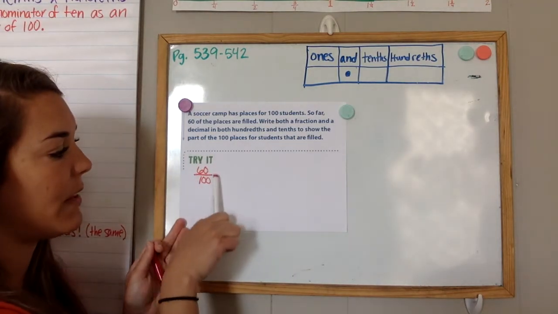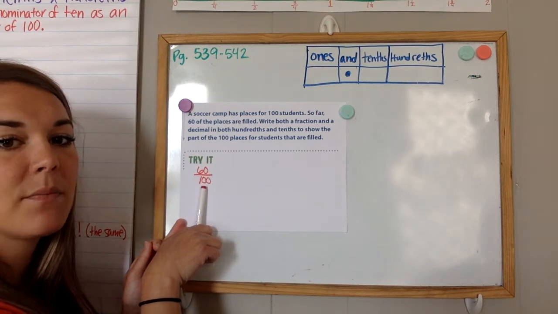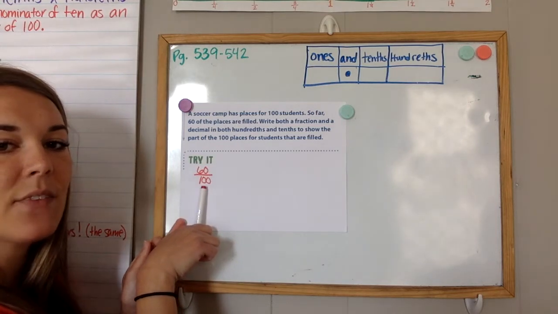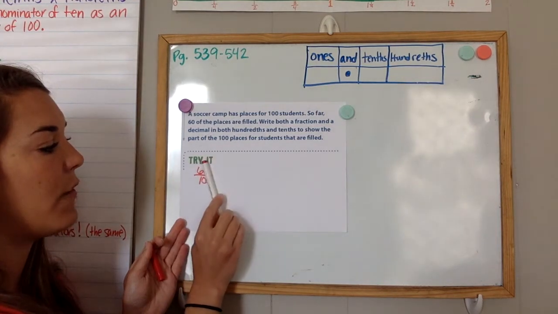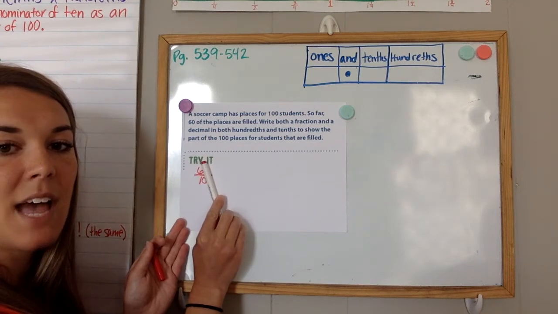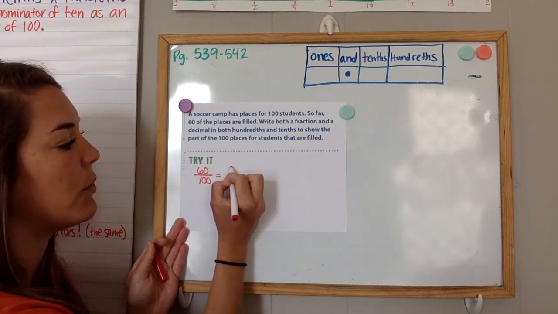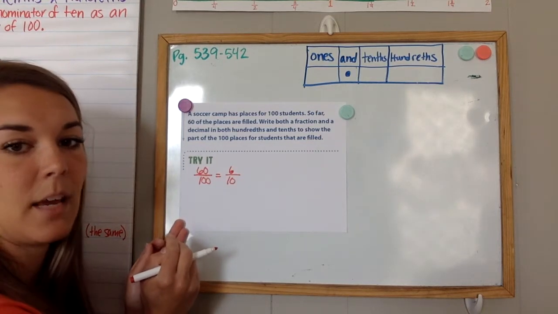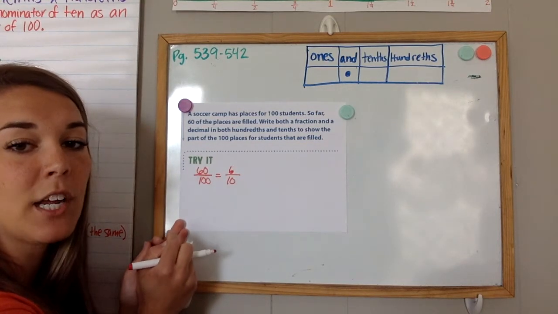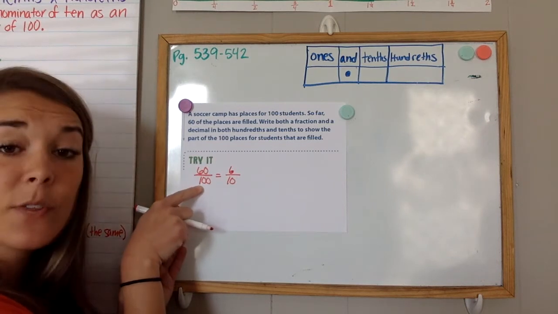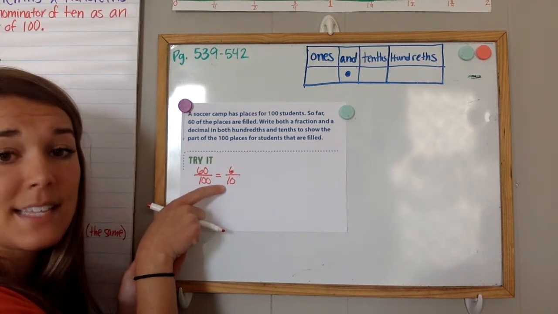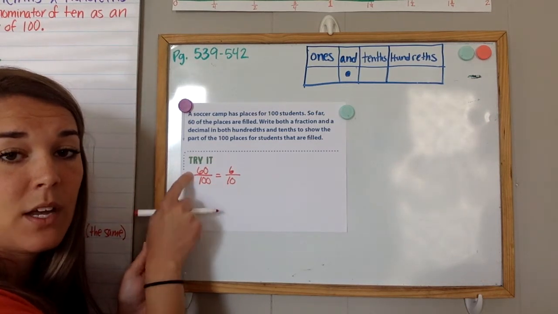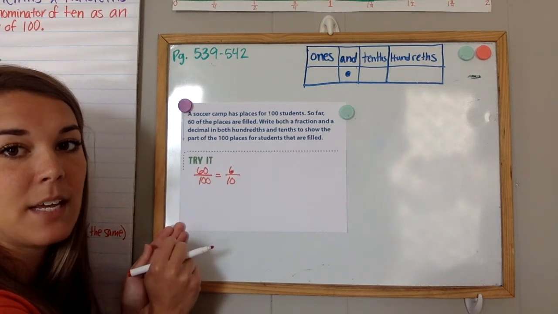This is in the hundredths format. If I wanted to write it as tenths, I could think about if I cover up those zeros, what is left? This is equal to 6 tenths. Those are the same. So I could either say the soccer camp has 60 hundredths filled up, or I could say 6 tenths. Those are the fractions that represent it.